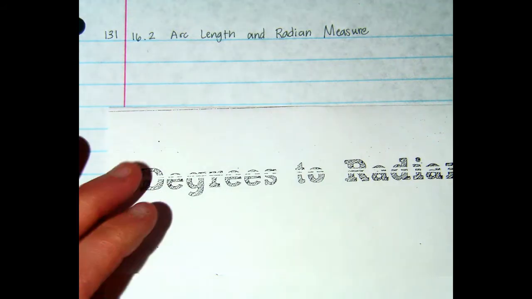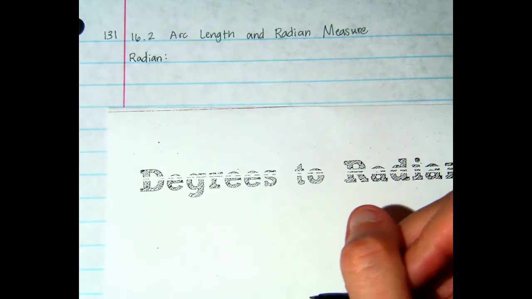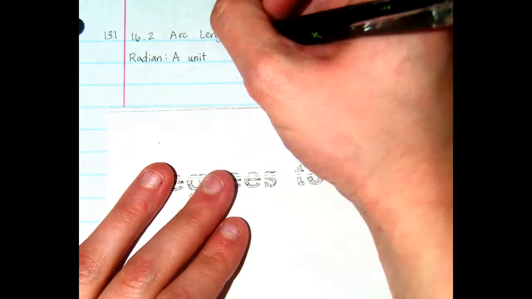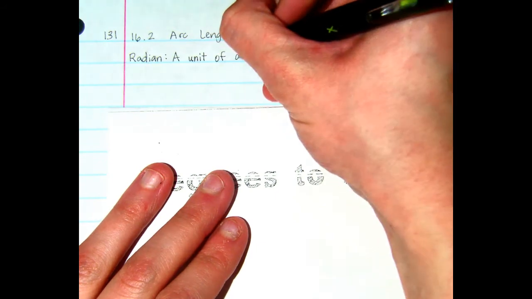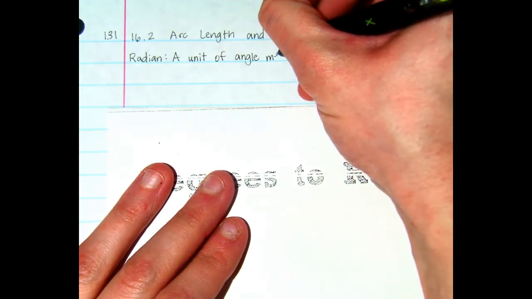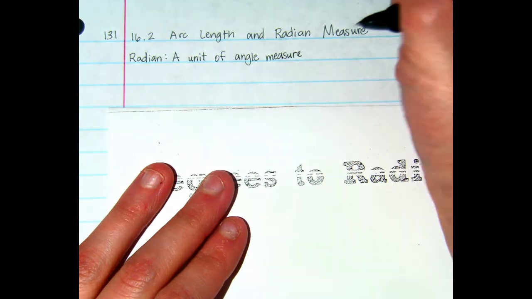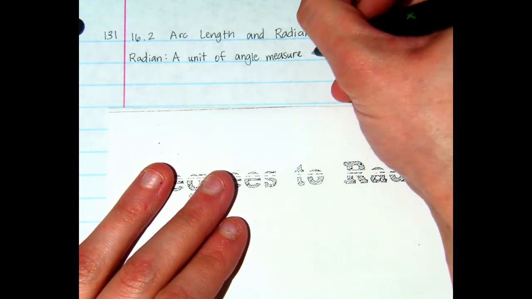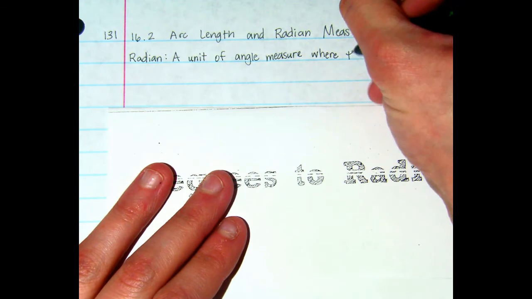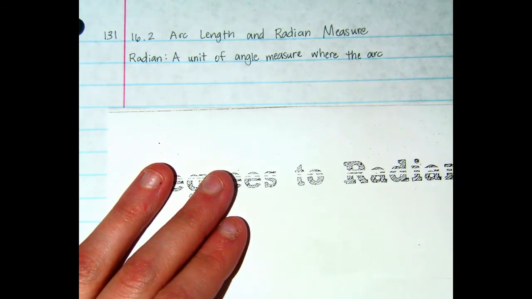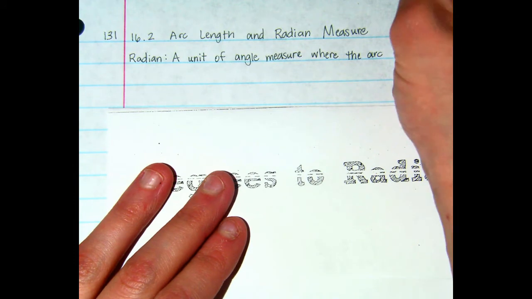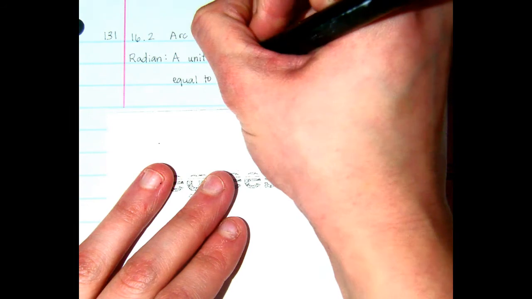Let's talk about the definition of a radian. A radian is a unit of angle measure, like degrees, where the arc is equal to that of the radius.